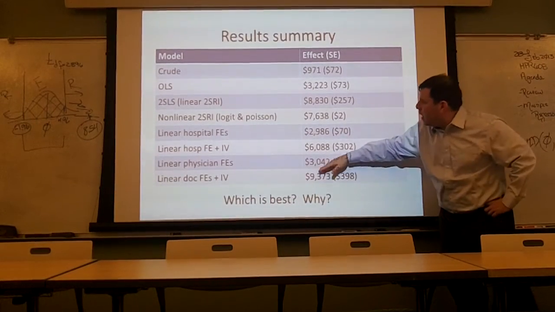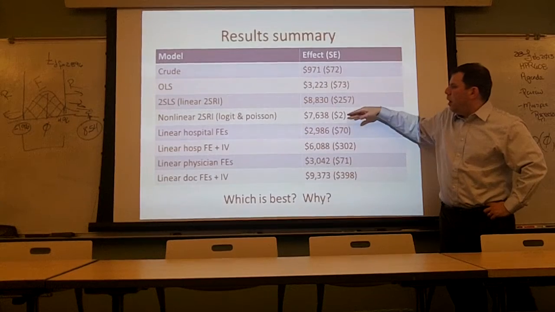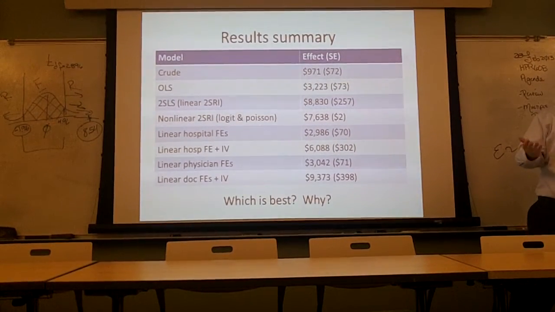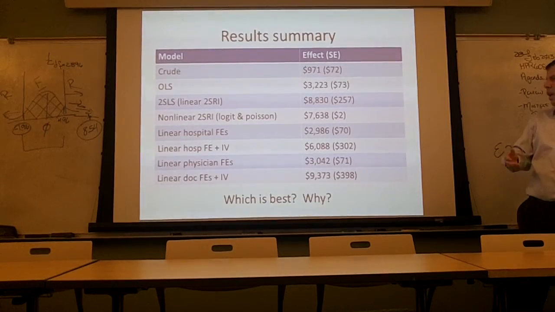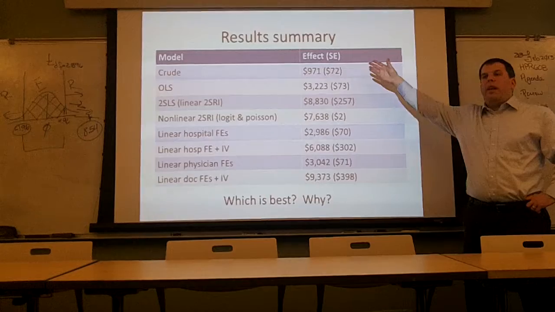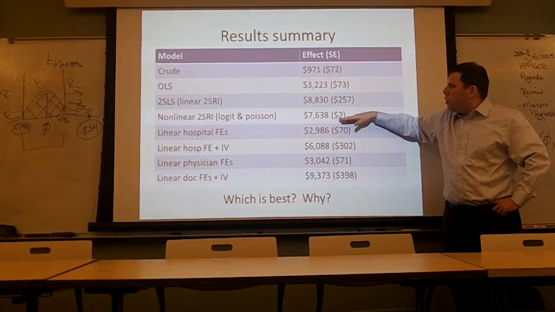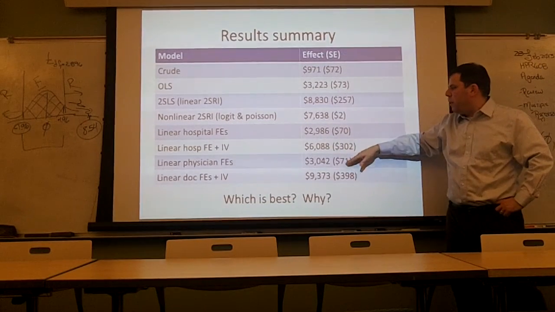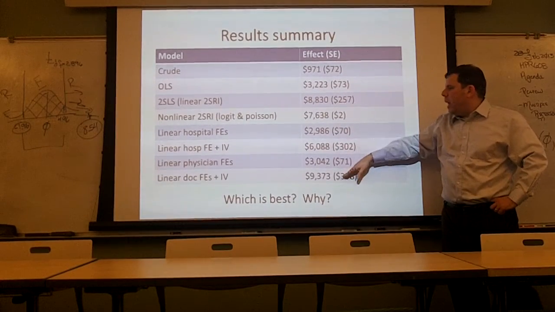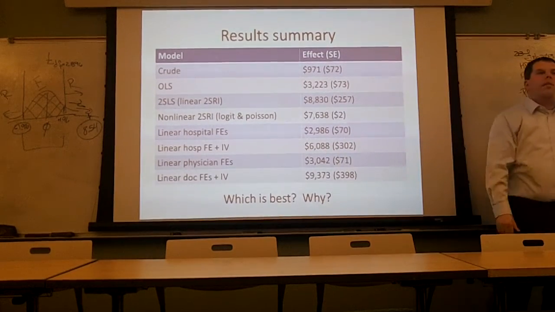This is like a $6,000 difference, whereas hospital fixed effects are like a $3,000 difference. So it's not like a standard plus $5,000, not all equal to each other, but you get the sense that controlling for nothing, about 1,000, controlling for observables and maybe hospital and physician fixed effects, about 3,000, and then somewhere between $6,000 and $9,000 from an instrumental variable analysis.